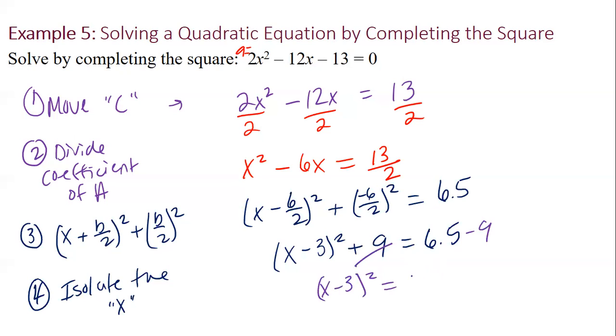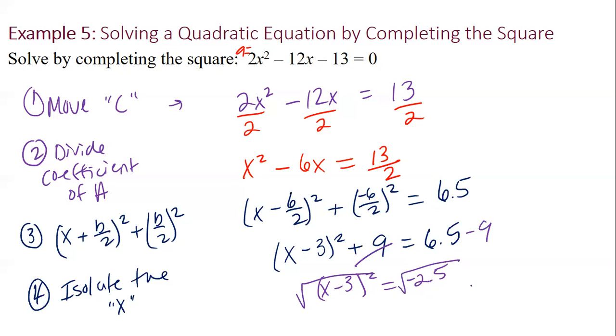Negative 2.5? No, wait, 3.5. I'm pretty sure it's negative 2.5. Wait, no, it's 3.5. I feel pretty confident that it's negative. No. All right.